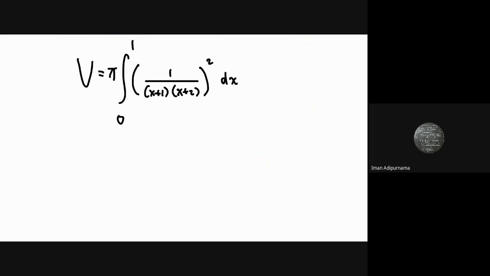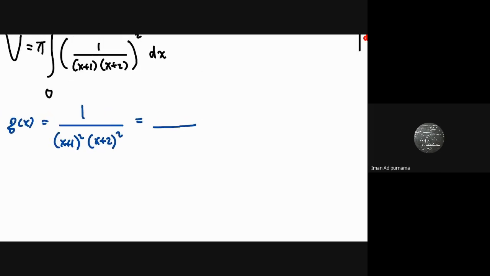Since this has quite a big fraction in the denominator, what we can do is consider a function g. This has x plus 1 squared, x plus 2 squared, because we have squared, right? So we will have partial fractions.